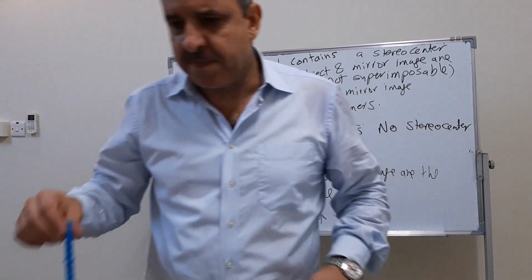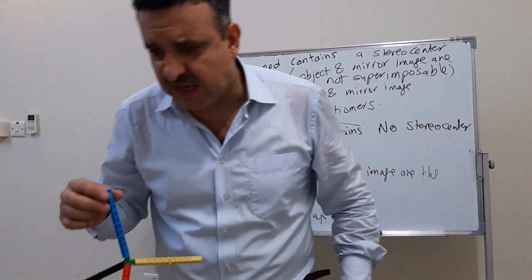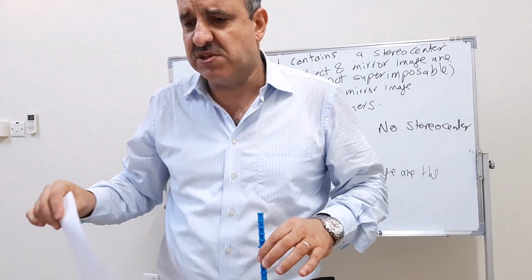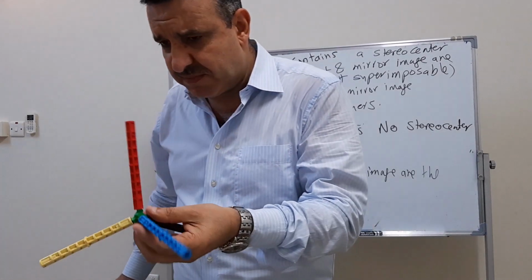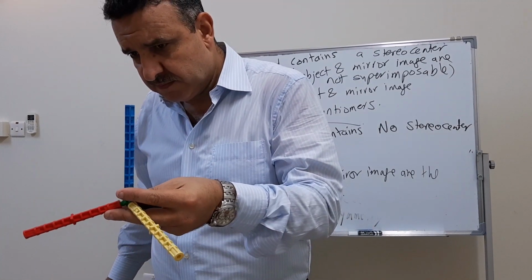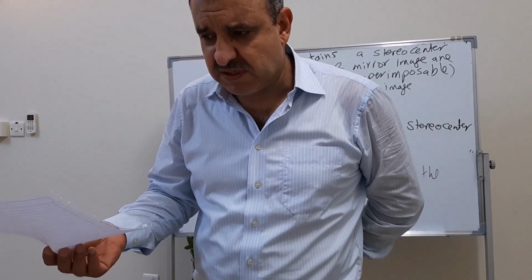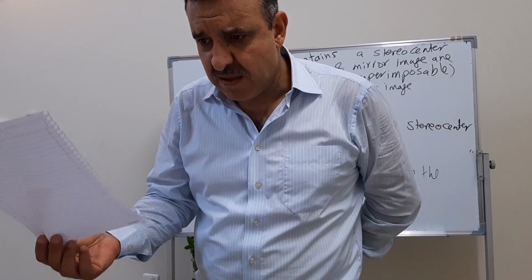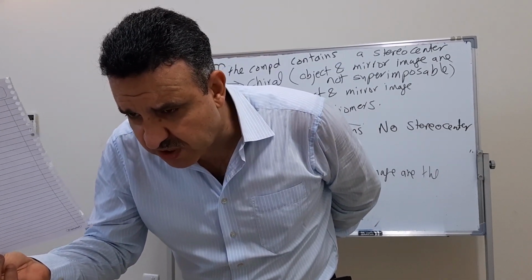Wonderful. Now, again here, in order to understand chirality and the chirality property, as you can see, this object, does it contain a plane of symmetry? Again, the plane of symmetry is an imaginary plane that passes through a molecule and divides it into two equal halves.